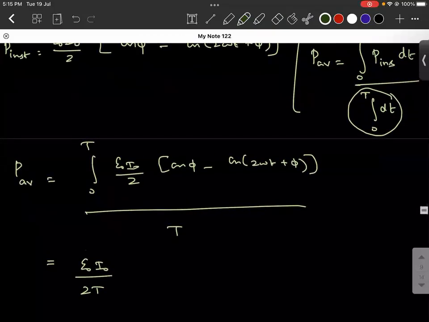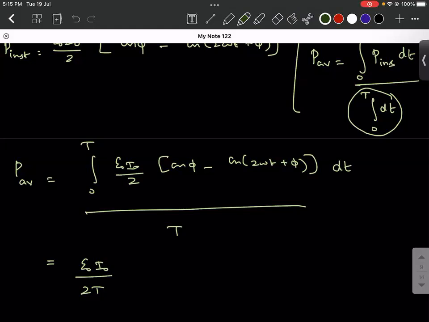Did you all copy it till this step? So here you have a dt as well.